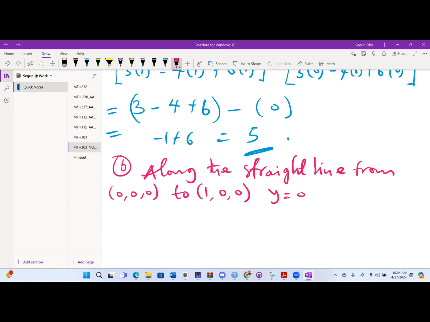That is y equals 0, z equals 0, because in this case 1 is here, meaning x is 1, y is 0, z is 0. That's the meaning. Then our dy equals 0, dz also equals 0.